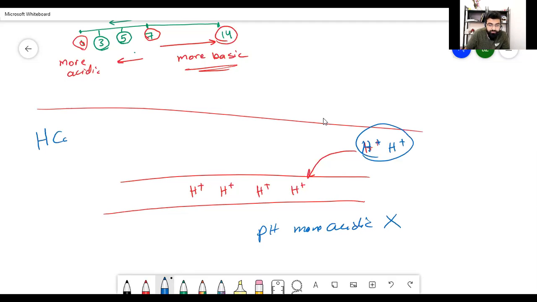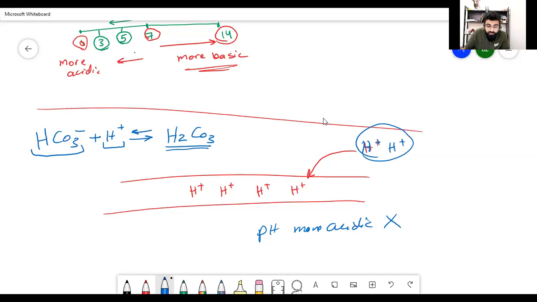Actually, this is HCO3 minus. This buffer can react with H plus to form H2CO3. That's it. Again, HCO3 minus, this compound is able to react with hydrogen ion to form H2CO3. You got the point? And it can do the opposite. This H2CO3 can break down into H plus and HCO3 minus.